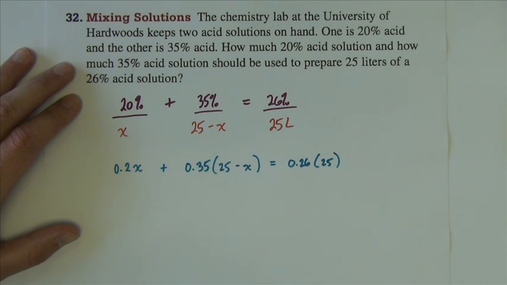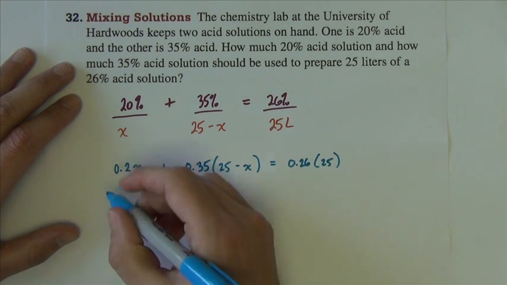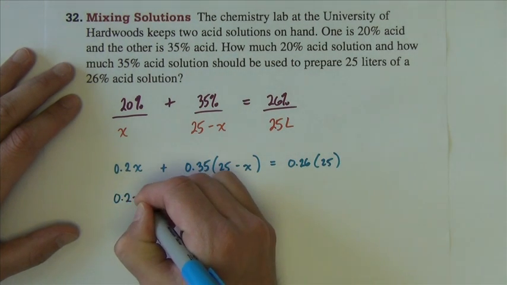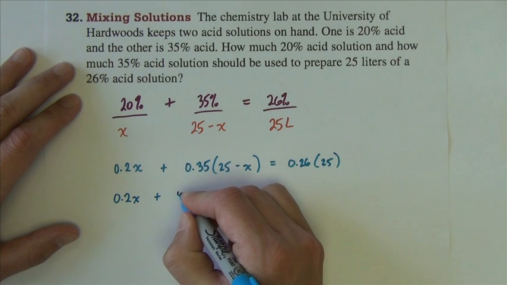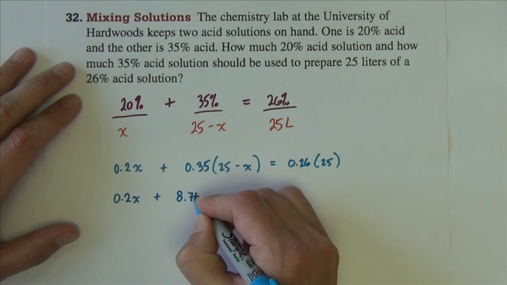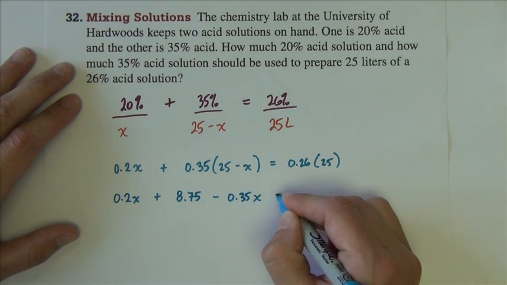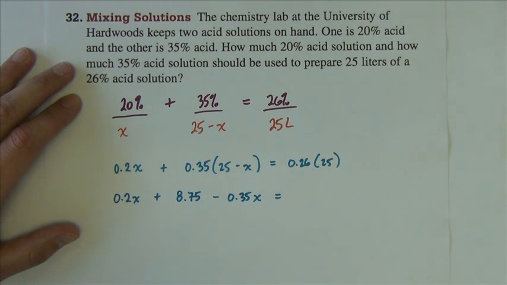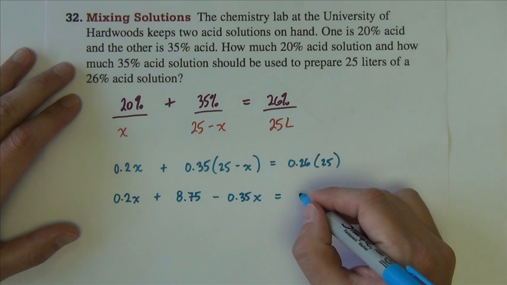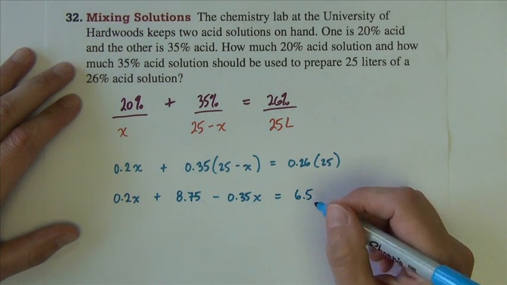On the second term, the 0.35, we are going to distribute that, 0.35 times 25, so let's see, I've got 0.2x plus 8.75 minus 0.35x equals, I'll go ahead and multiply these together, that's 6.5.